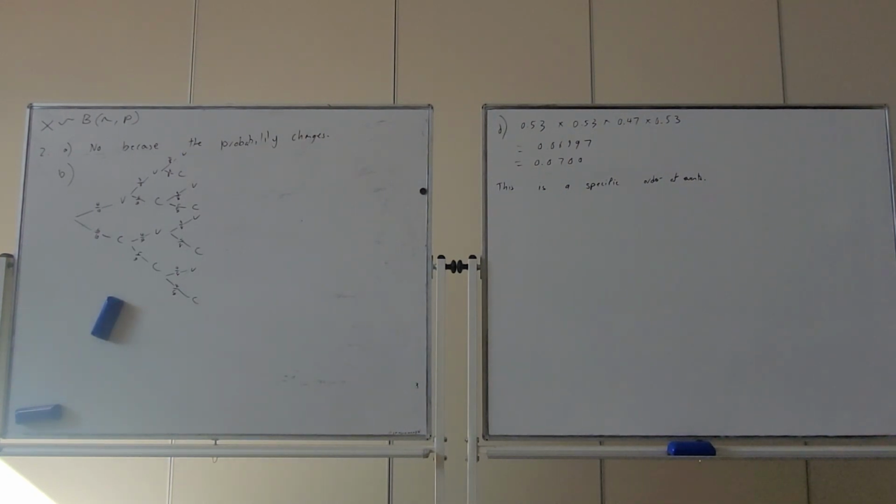A bit annoying because of the 3 branches, but we got there. Okay, and then we're just going to use this to calculate the events that it asks for.